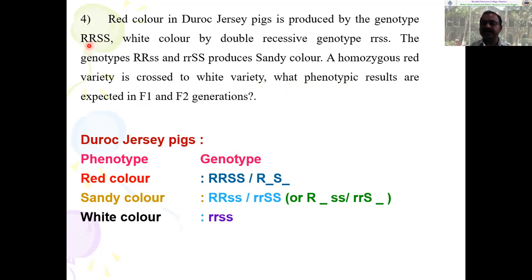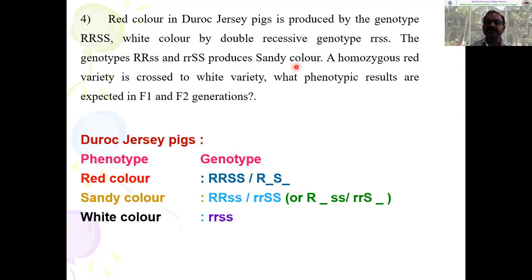In combination, capital R and capital S would be a red color, while with both pairs homozygous recessive, small rr, small ss, the phenotype will be white. But whenever one pair is dominant and the alternate pair is recessive, that is capital RR, small ss, or small rr, capital SS, it produces a third type of color called sandy color.